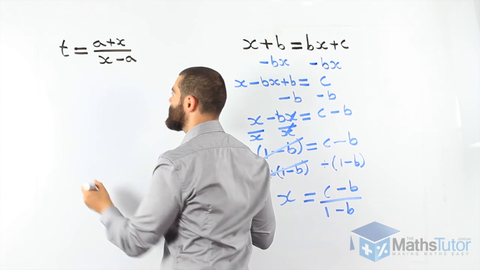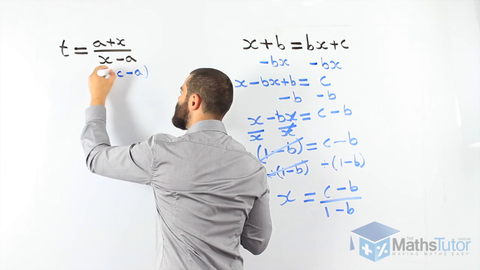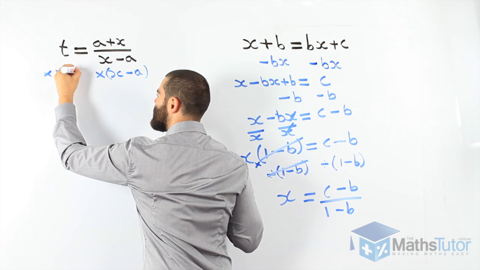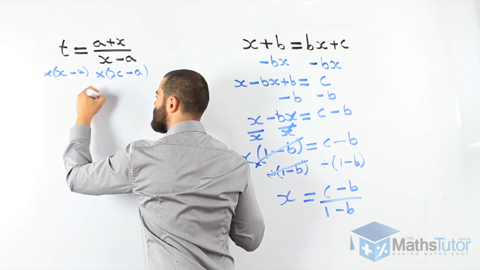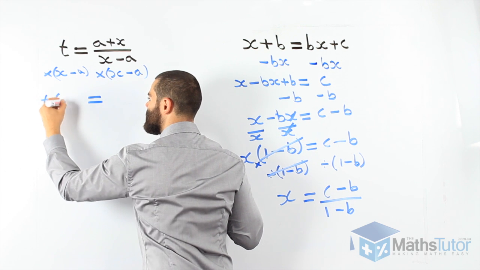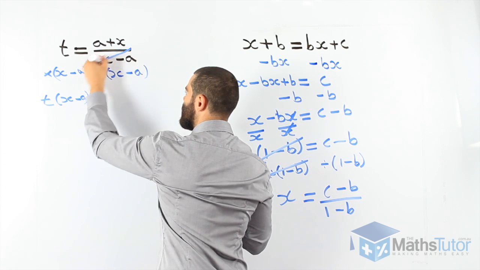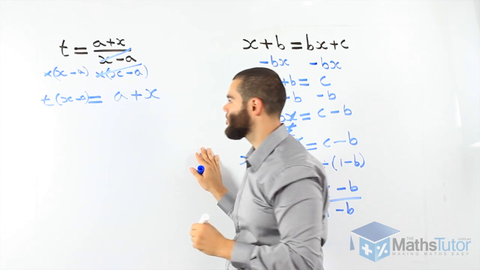So we're going to have times x minus a and times x minus a. T times x minus a, and here that goes with that, you're left with a plus x.